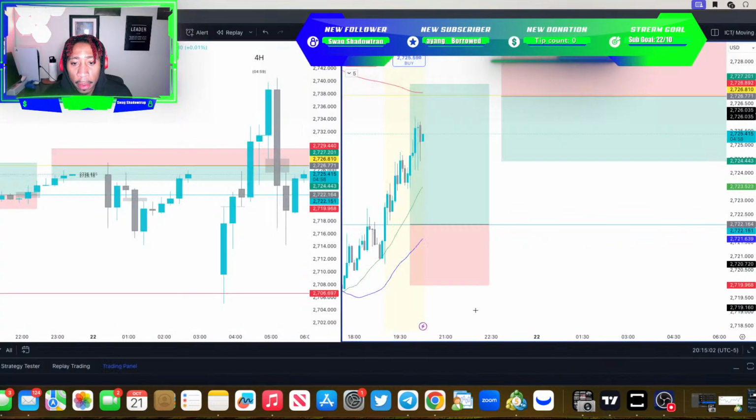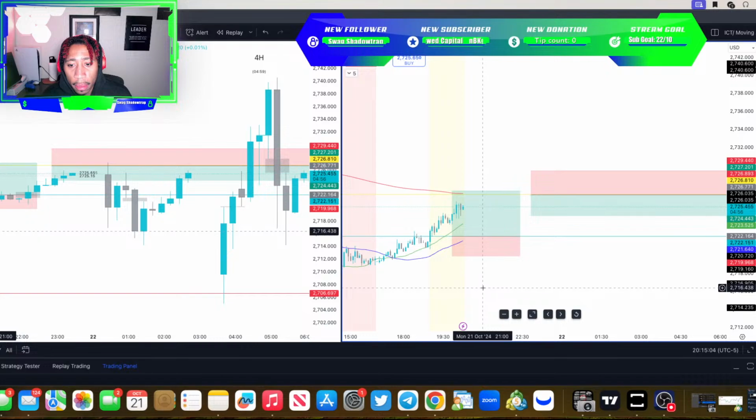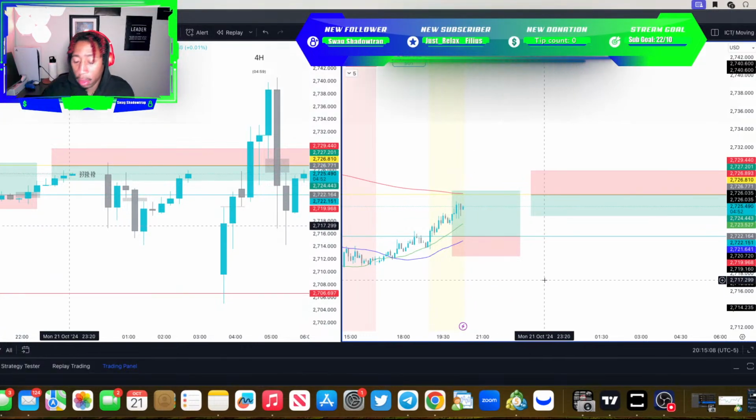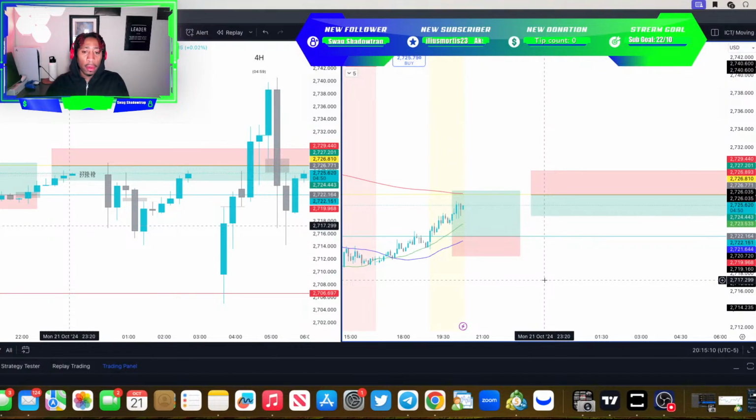Next candle just came out. Very slow trading on gold. I mean, we have had a little bit of movement, but it's not doing anything crazy, guys.